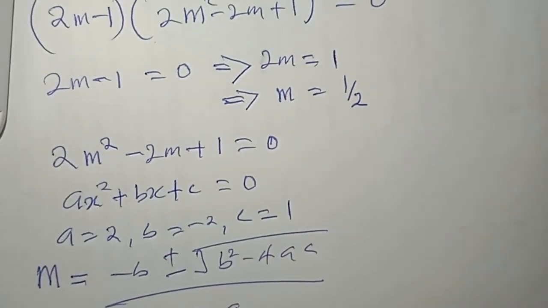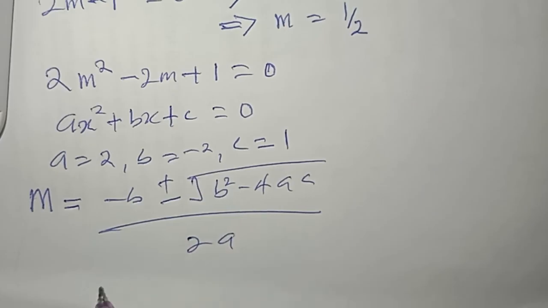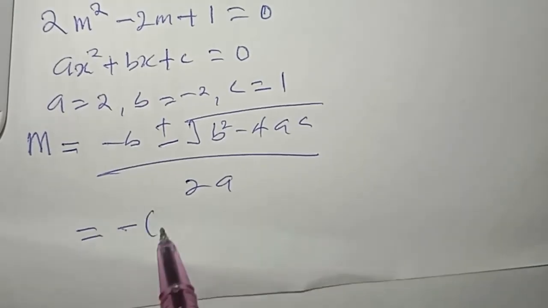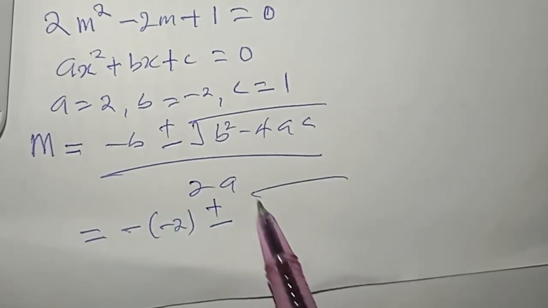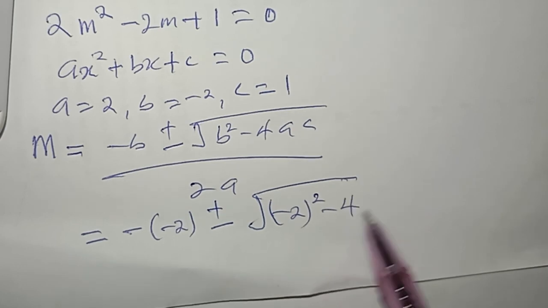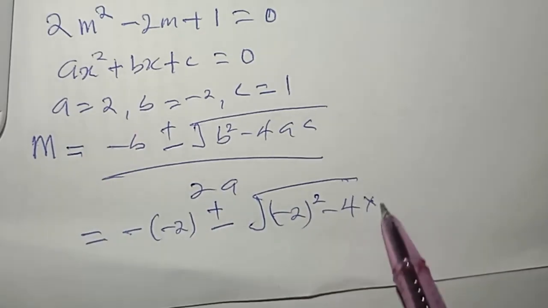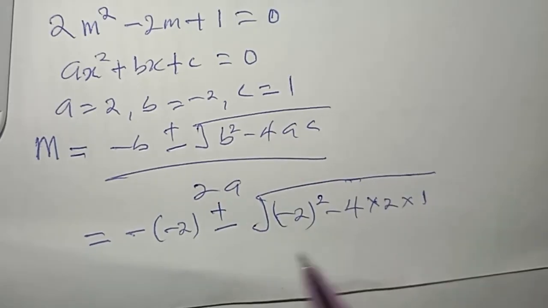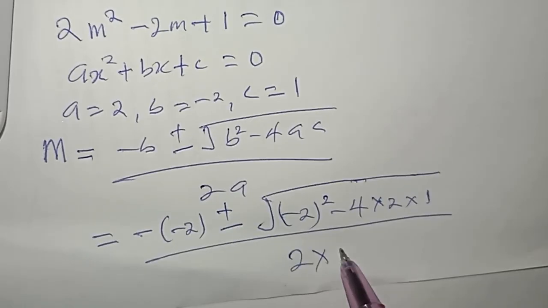Okay, so I'm going to substitute the values of a, b, c, so that I now have minus minus 2 plus or minus the square root of minus 2 squared minus 4 times a, which is 2, times c, which is 1, all divided by 2 times 2.